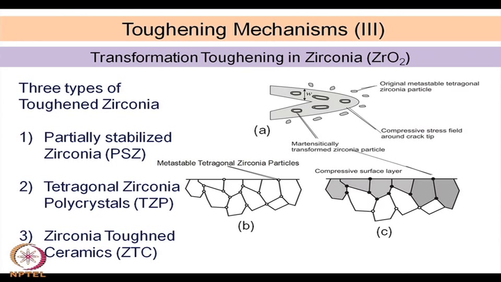Now, the transformation of tetragonal to monoclinic phase is supposed to have martensitic transformation characteristics. Now, what is martensitic transformation? Martensitic transformation is actually a diffusionless transformation, and it is also called an athermal transformation.